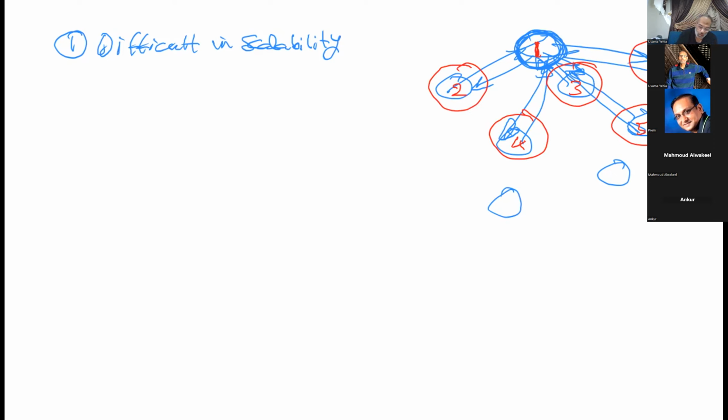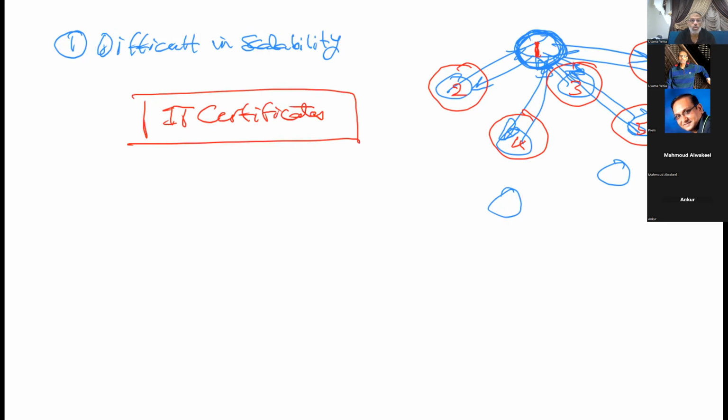Suppose that I am working in IT certificates, and I want to initiate a secure communication between me and my customers. In each training course, I may have 5 or 6 trainees. Within a year, if I'm arranging, let's say 3 or 4 courses, then by the end of the year, I may have about 20 users. And if I'm working since 2020, then now I may have 100 users or whatever.